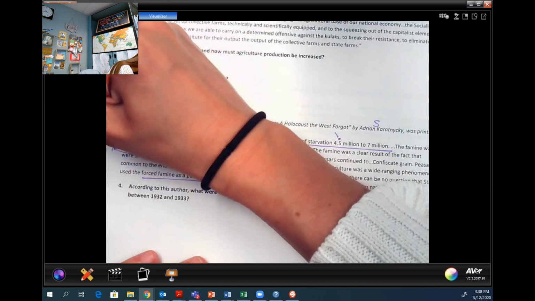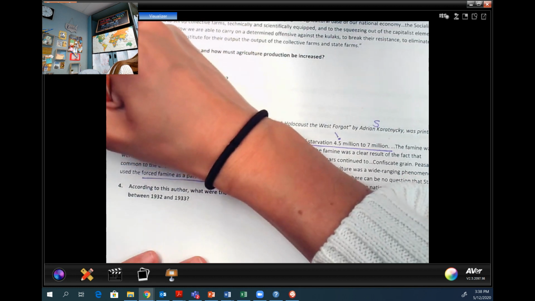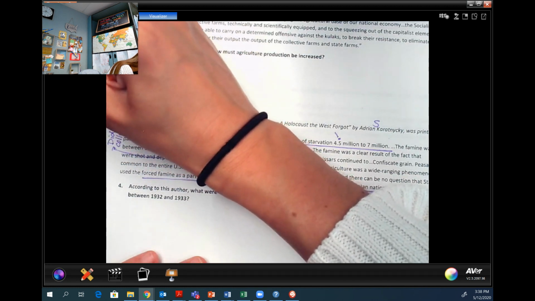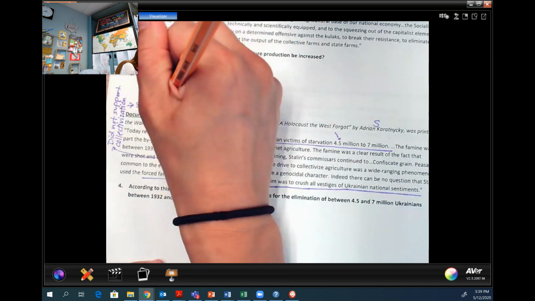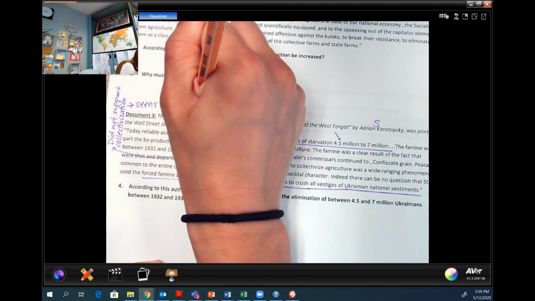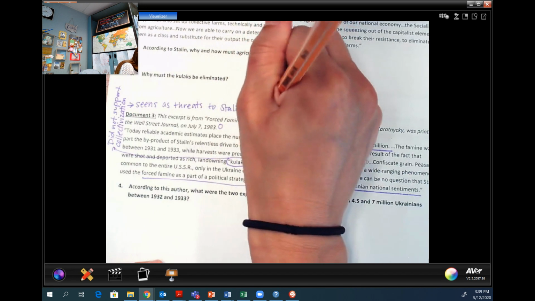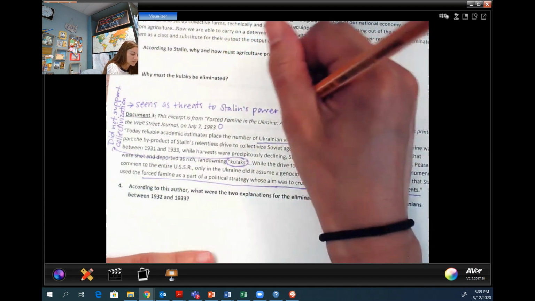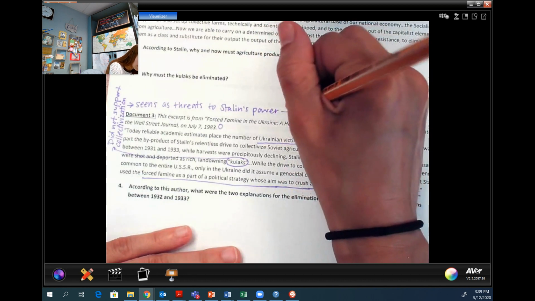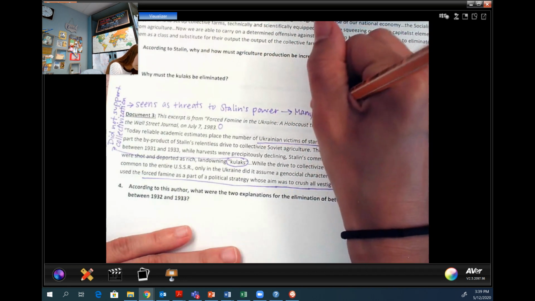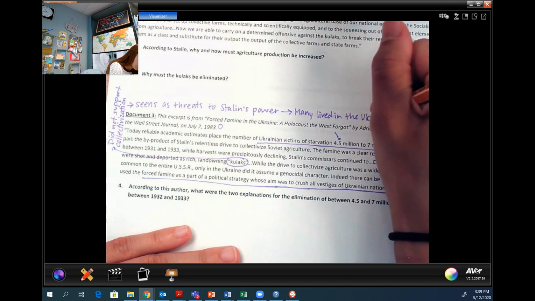Did not support collectivization, and therefore they are seen as threats to Stalin's power. And many of these people, the kulaks, were a part of the Ukraine. Many lived in the Ukraine.